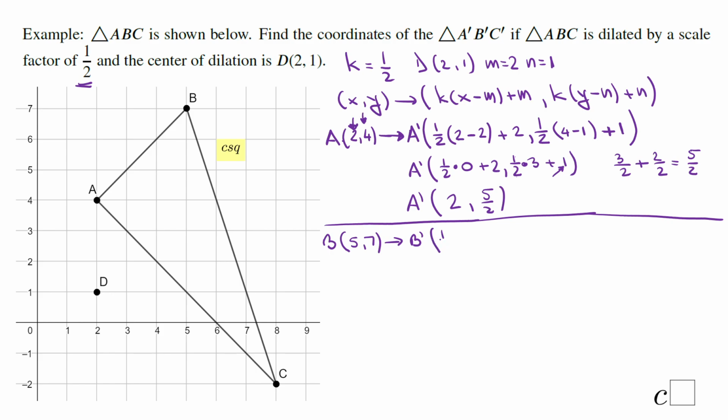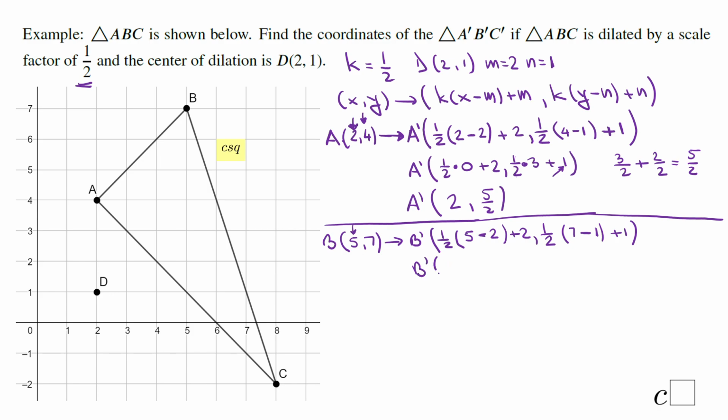K, which is 1/2, the same 1/2, parentheses, X minus M. X now is this 5. 5 minus 2, and then plus M, plus 2. And let's move to the next thing. Well, the y coordinate, 1/2 again. The Y is 7, 7 minus N, and N is 1, plus 1. So let's see what we get here.